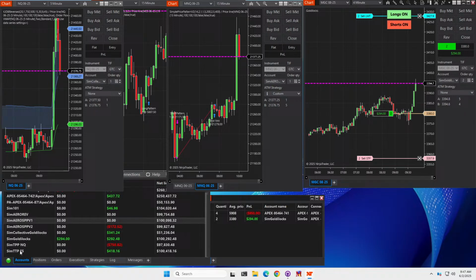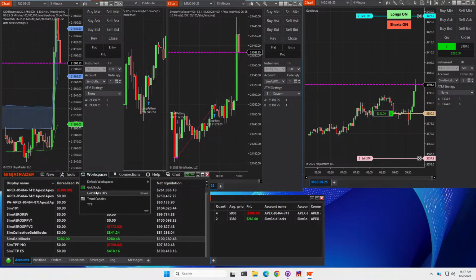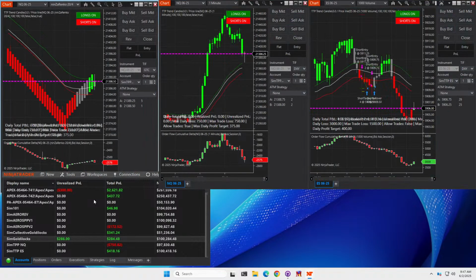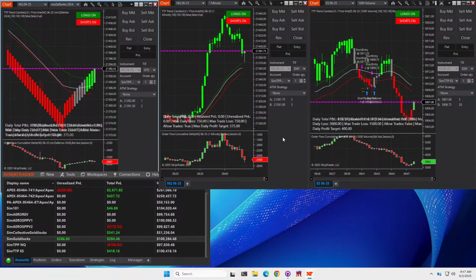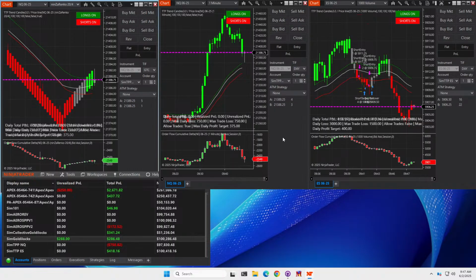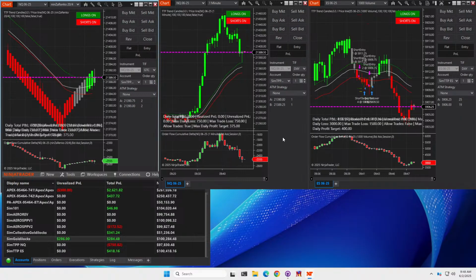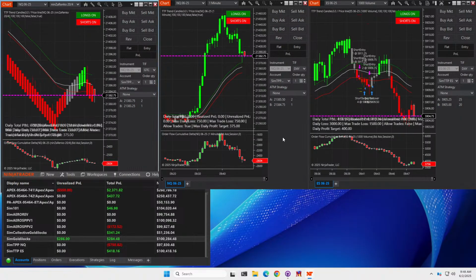And then these TPP, that's the targets. It's actually TTP, Targets Trading Pro. That's a typo right there. Let me go back to that workspace. So this is a Heikin Renko 24, the brick size 20, and then reversal for NQ.